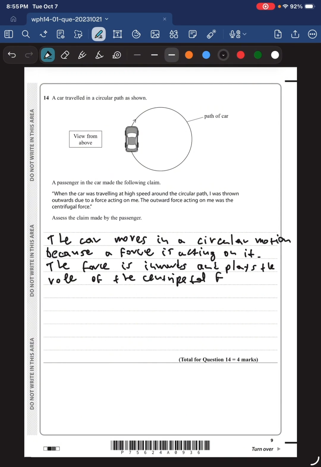Okay, the inward force is exerted by the car on the passenger.